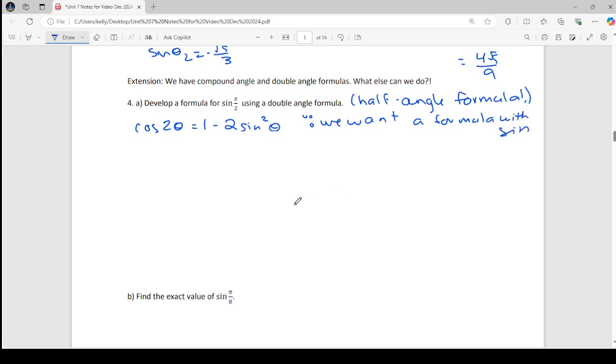Okay, and then we want this formula not with sine of theta, but the sine of x over 2. So let's fill in x over 2. Because what we want is the formula with the angle as x over 2.